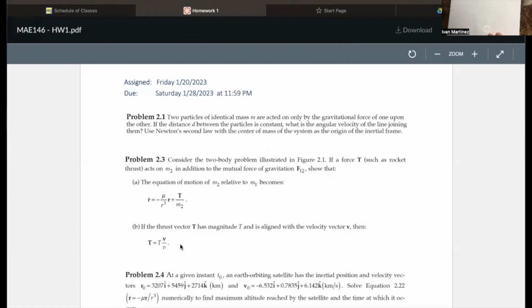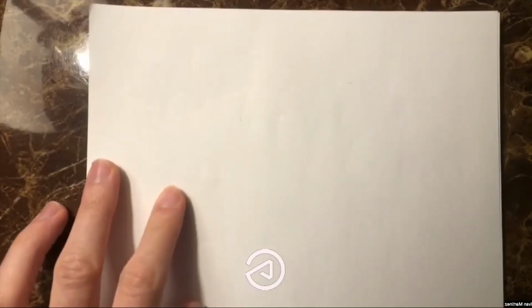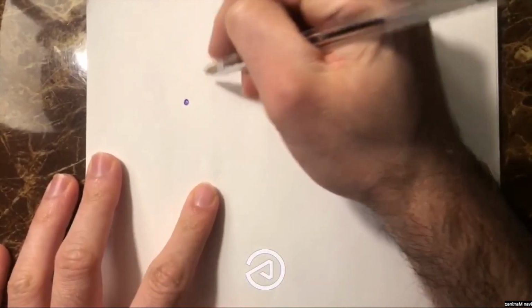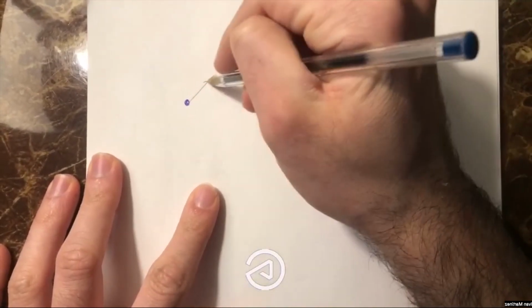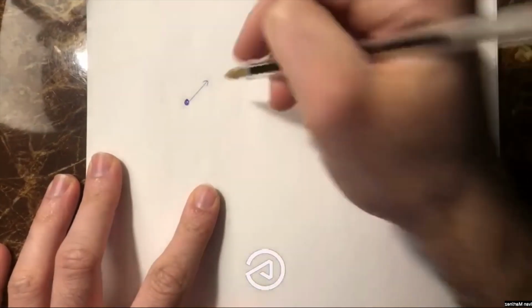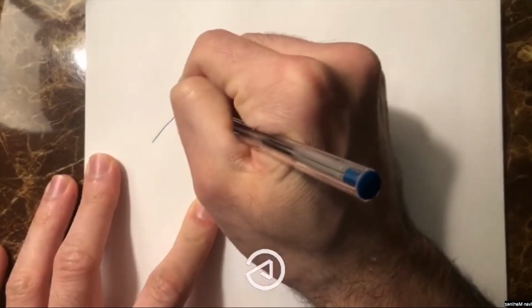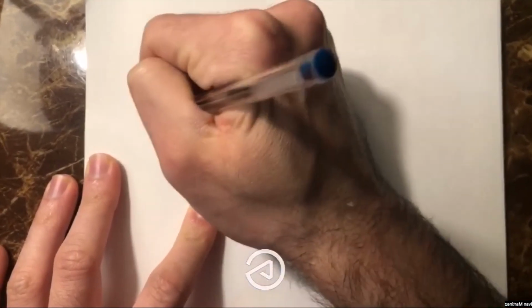I think this is just trying to teach you that when you have a vector, so let's say it travels this way, and we have thrust in the same direction.